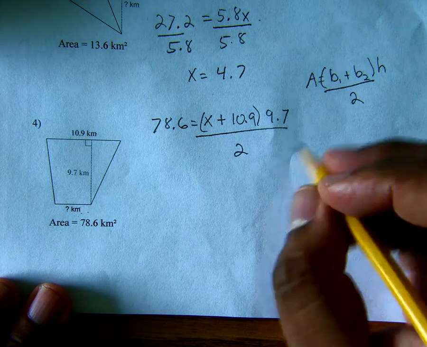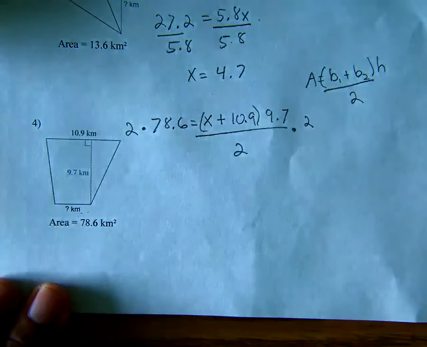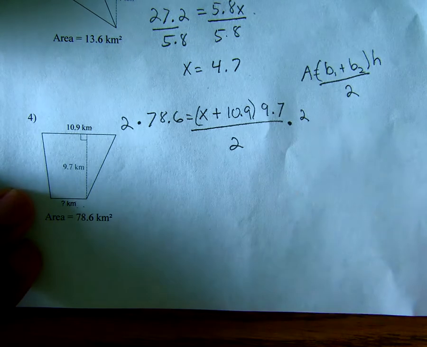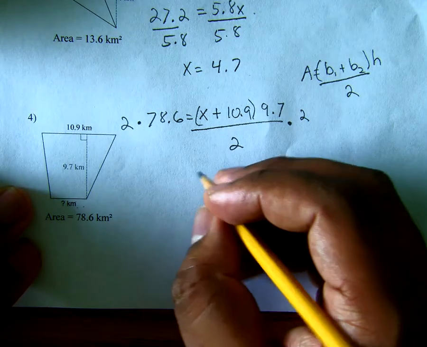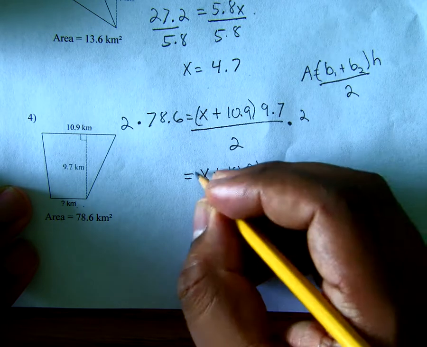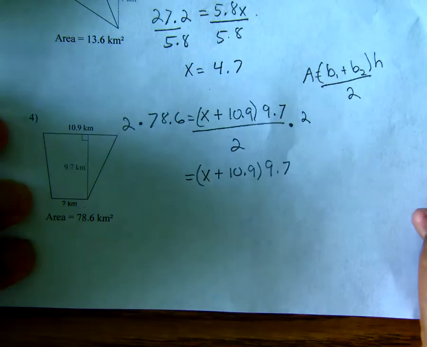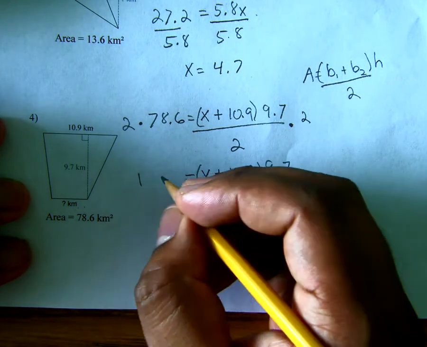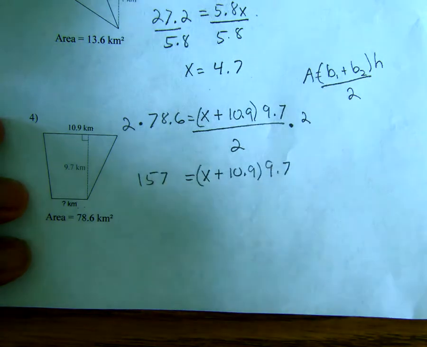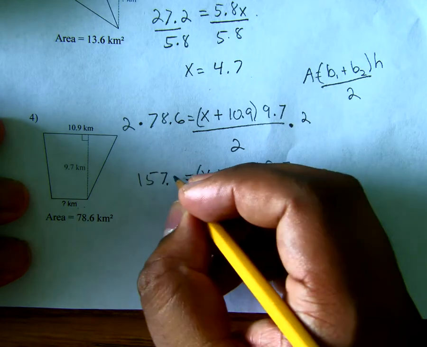So the first thing we're going to do is inverse operation, where we multiply by 2 on both sides. And over here, the 2s will cancel out. Bring it down, x plus 10.9 times 9.7. And on this side, I have 157.2.